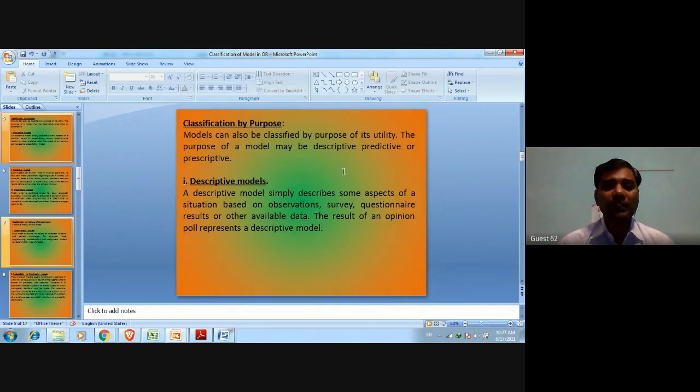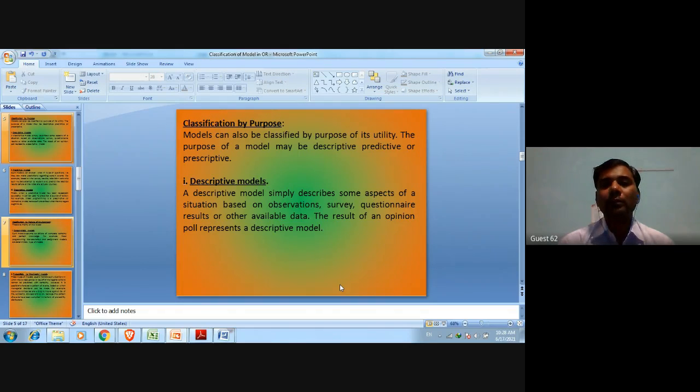So let us see the descriptive model. A descriptive model simply describes some aspects of a situation based on observations, surveys, questionnaires, results, or other available data. The results of an opinion poll represent a descriptive model. Suppose you are launching a new product, and you have made a survey for launching it.